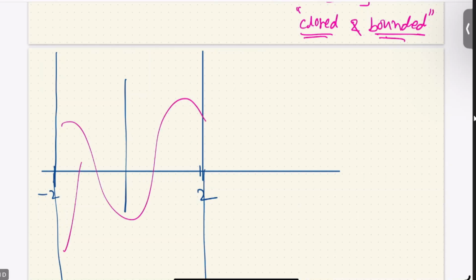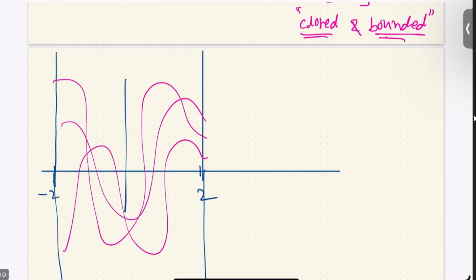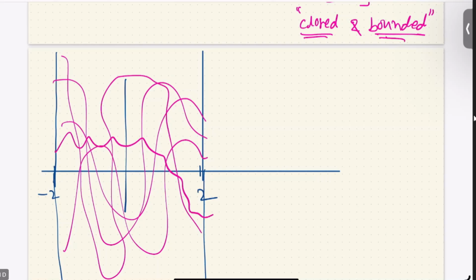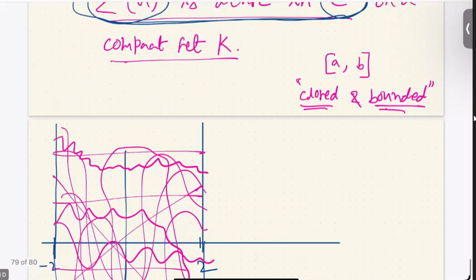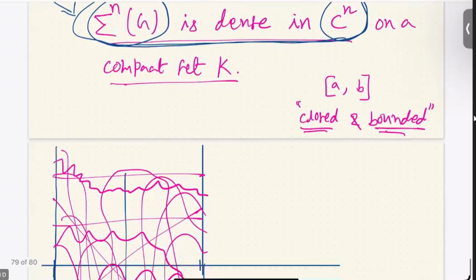Continuous functions of any kind, no matter whatever you draw, every single trace is a continuous function. It may be a constant function or waves of any kind, but it must be a function. It should not violate the function definition. So all these are continuous functions.